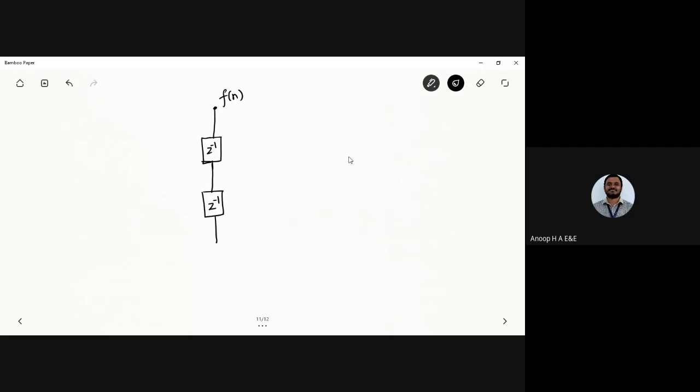So in the intermediate function, that is f of n, we have f of n minus 2. Now I need to interchange both the input and the output there. That is one way in which you can express it.